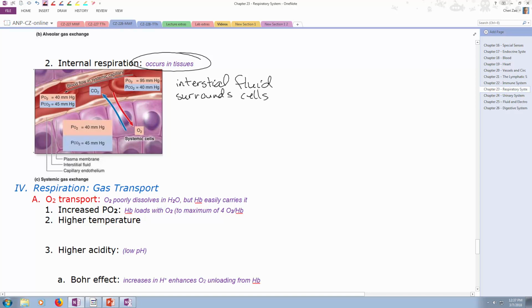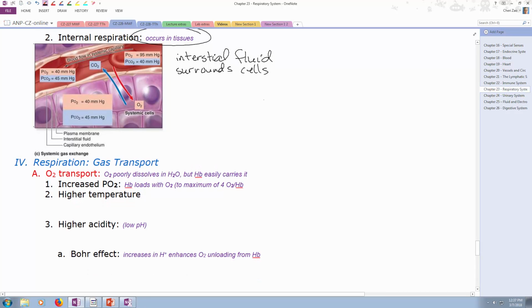And so the gases are going to go from the bloodstream into the interstitial fluid and then eventually into the cells. Because isn't that what we did with capillary dynamics when we talked about it? We're always putting in fresh interstitial fluid and pulling out old interstitial fluid, because that's what bathes the cells, and that's where the cells will get the good stuff and also put in the bad stuff, basically high to low concentrations. And so realize internal respiration is occurring in the tissues, and it's the exact opposite of what we just talked about for external respiration.